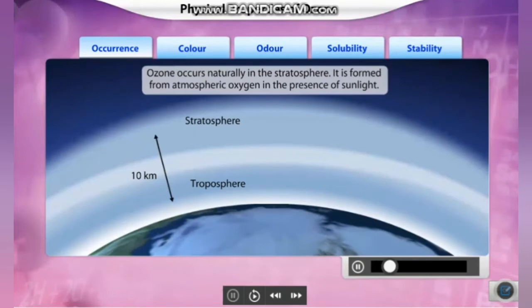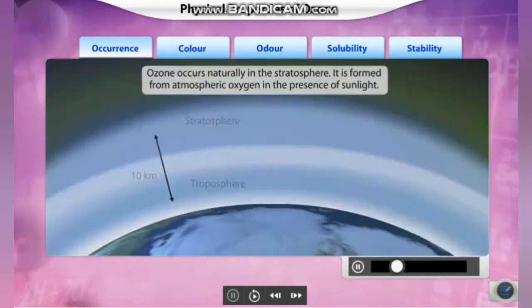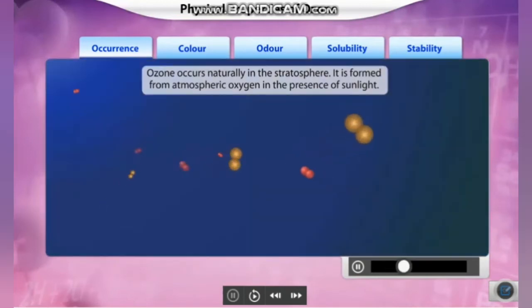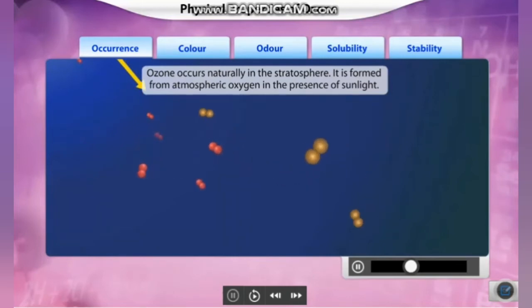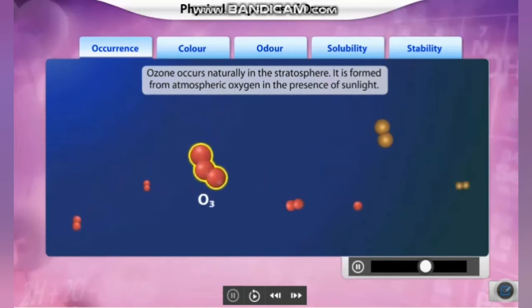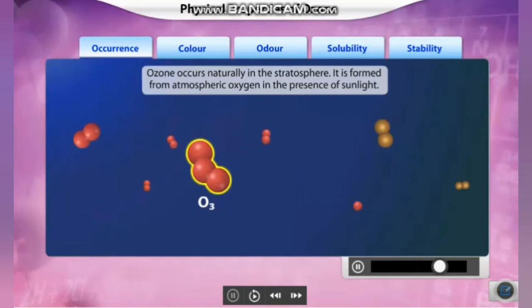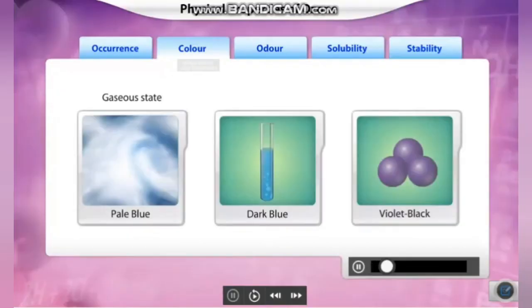Ozone occurs naturally in the stratosphere, where it is formed from atmospheric oxygen in the presence of sunlight. Pure ozone is a pale blue-colored gas.